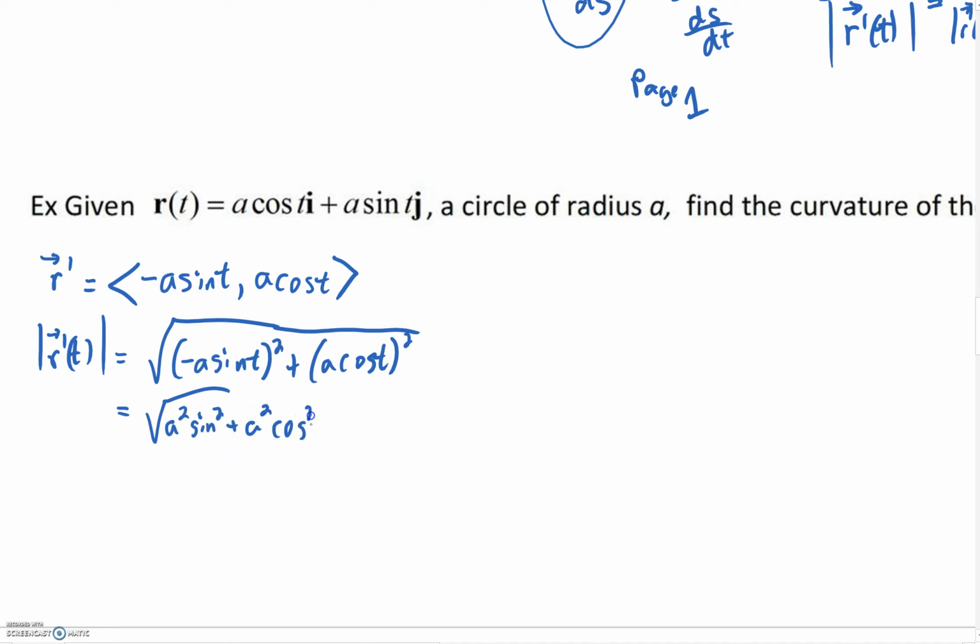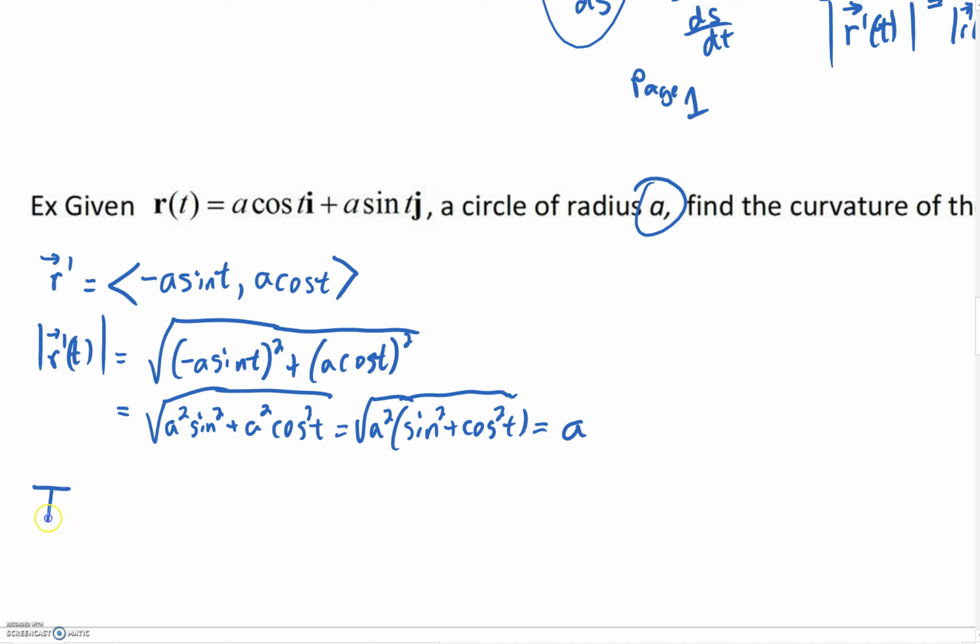The negatives are going to go away. A squared, if we were to factor that out, you'd know sine squared plus cosine squared is 1. And the square root of a squared, because a radius is non-negative, we can say the square root of a squared is just an a.